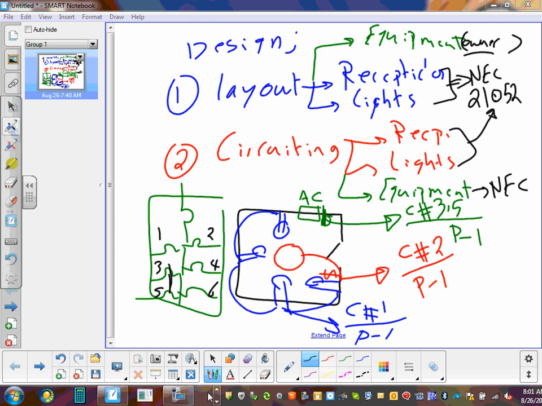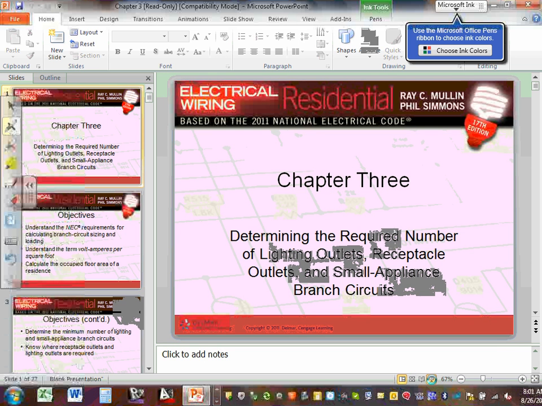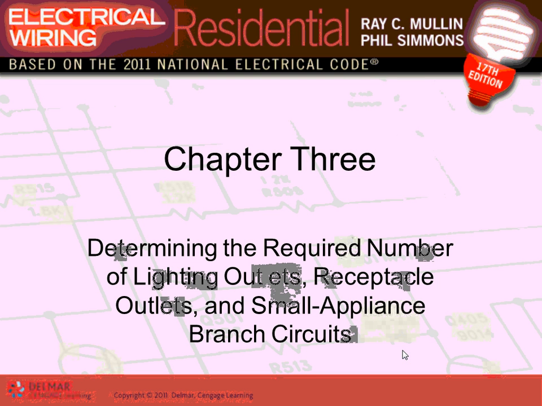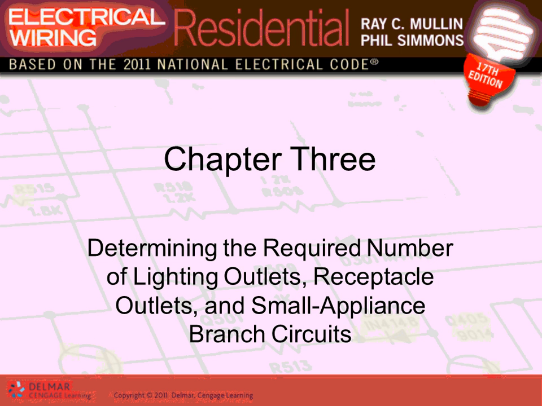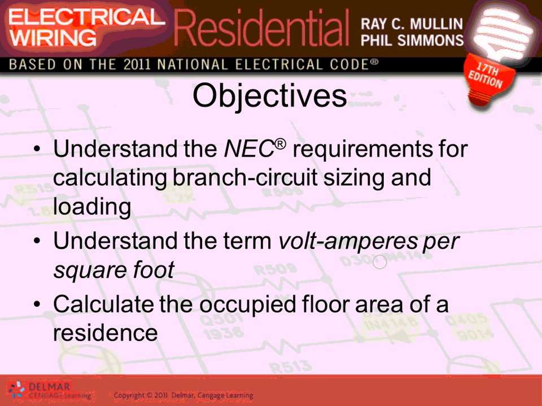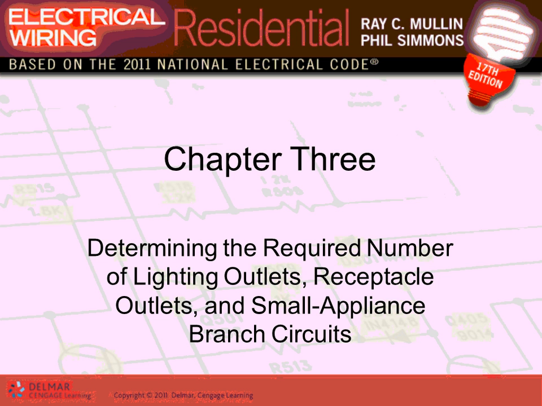Okay, so having said that, here's the presentation that we're going to be doing, guys. Determine the required number of lighting outlet, receptacle outlet, and small appliance circuits, the branch circuits. So this chapter, with the information that you have in chapter 3, will help you determine how many outlets, light and receptacle, you need, and the small appliance circuit and the general purpose circuit.